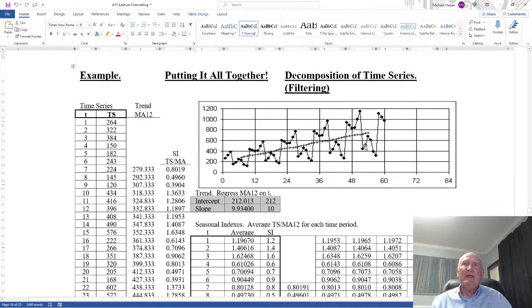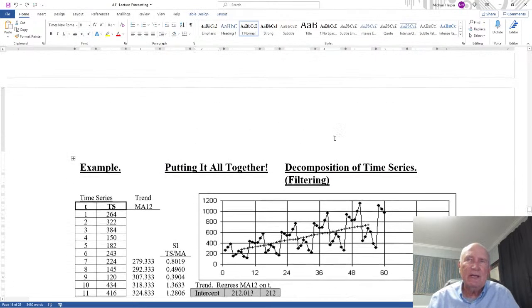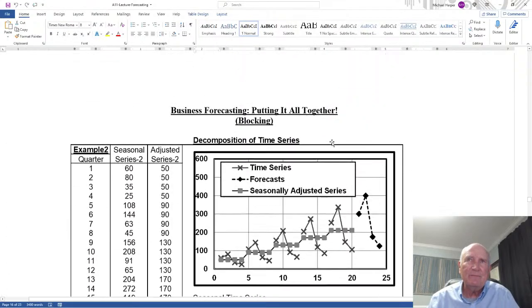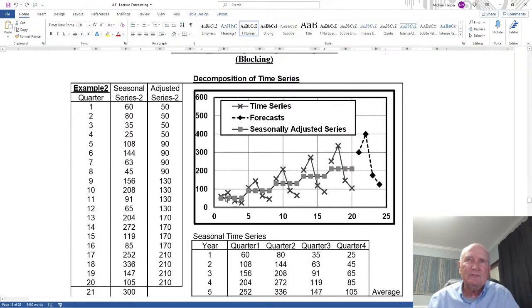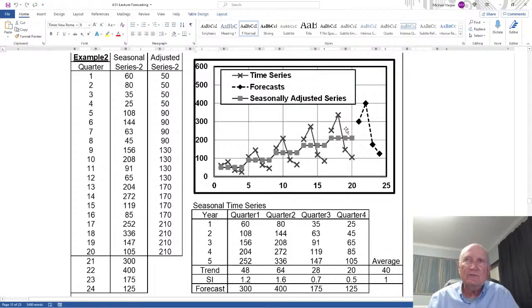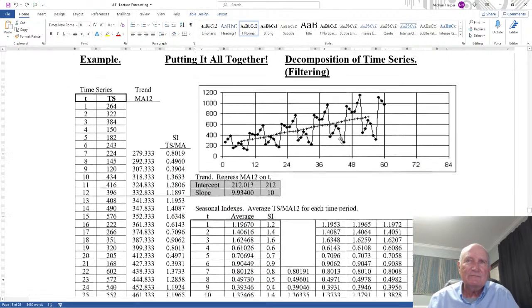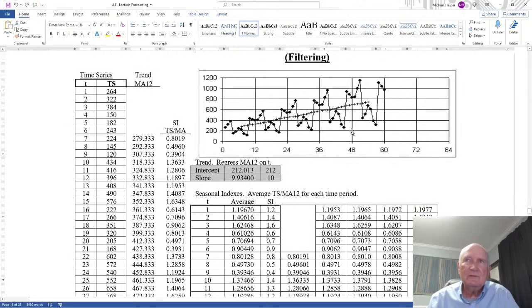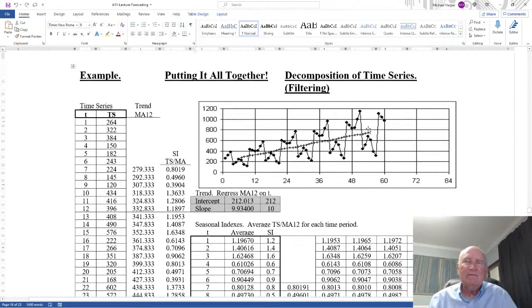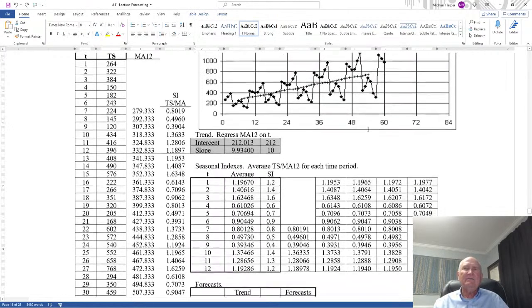Now, some people ask, when do you use filtering and when do you use blocking up here? Well, notice this is 5 years worth of data.